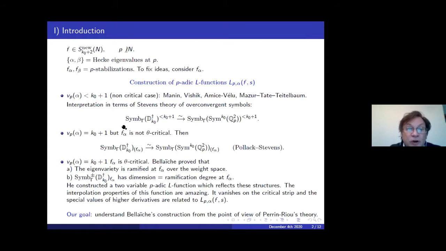This is a strange phenomenon, and our goal was to understand Bellaïche's construction from the point of view of Perrin-Riou theory and the theory of Euler systems.